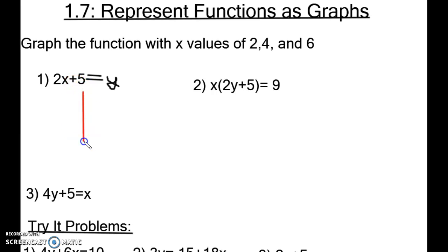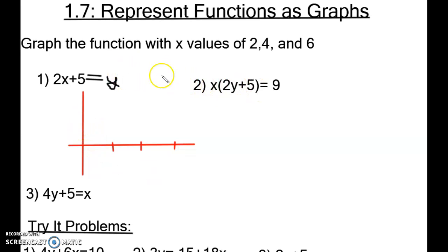So you have to graph the function for 2, 4, and 6.